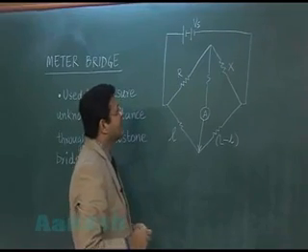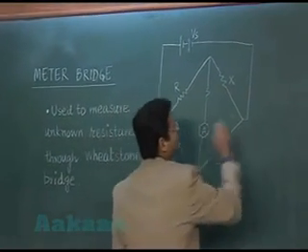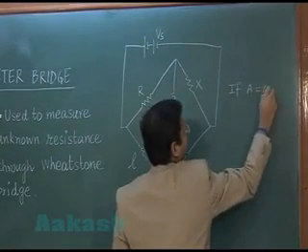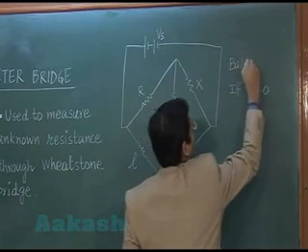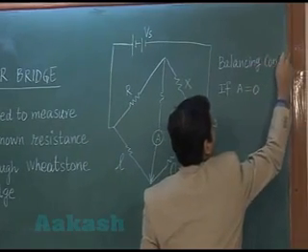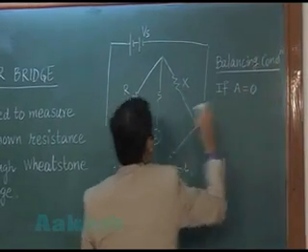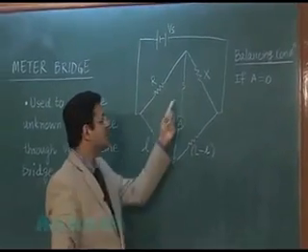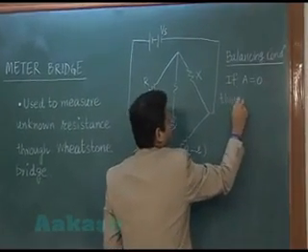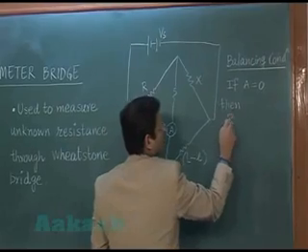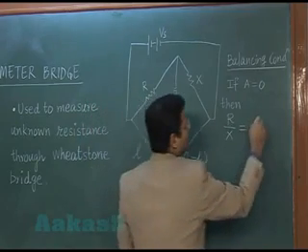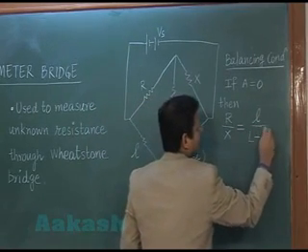We had said that the balancing condition says that if current through this mid portion, this resistance, is 0, then R by X was equal to this resistance upon this resistance, which was equal to l upon capital L minus small l.